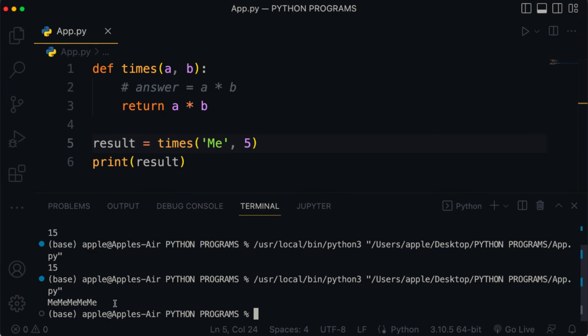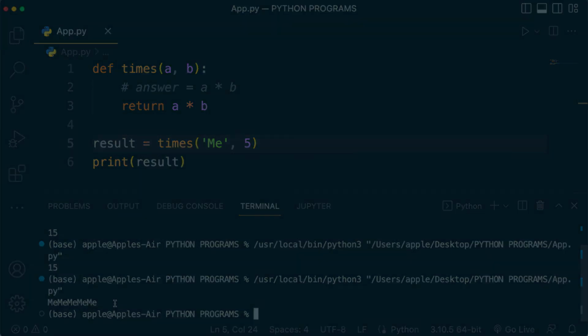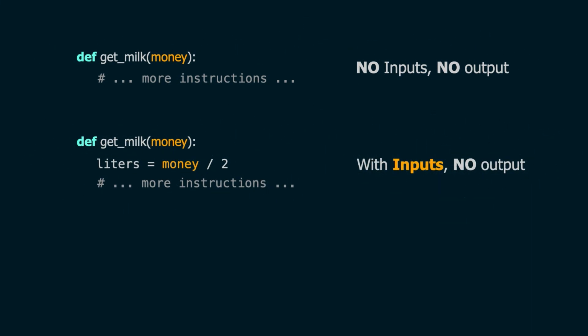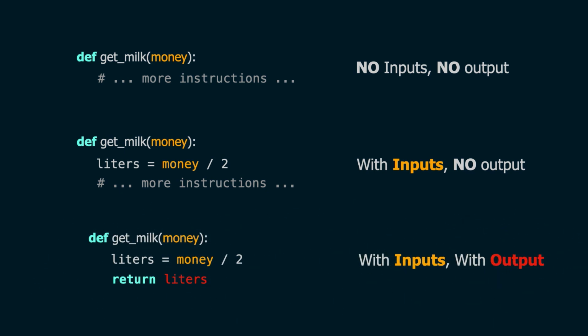Returning to our topic on functions, this is a good time to review and summarize the 3 flavors of functions that we've encountered so far. We've seen functions with no input and no output. We've seen functions with input, and we've seen functions with both output and input. When defining a function, we always have to use the def keyword.